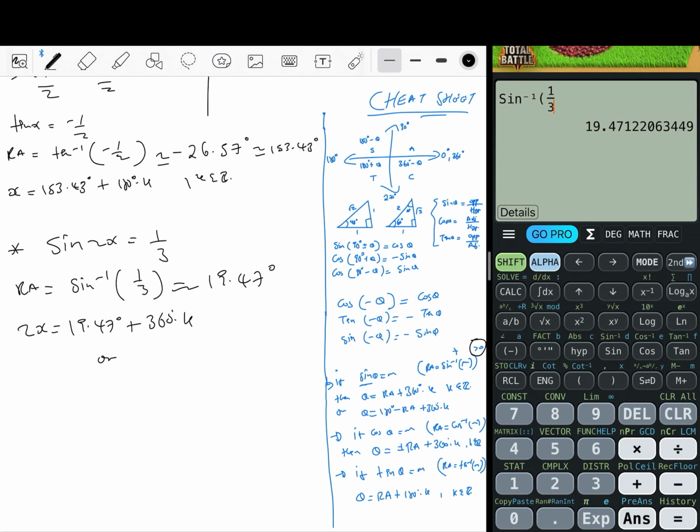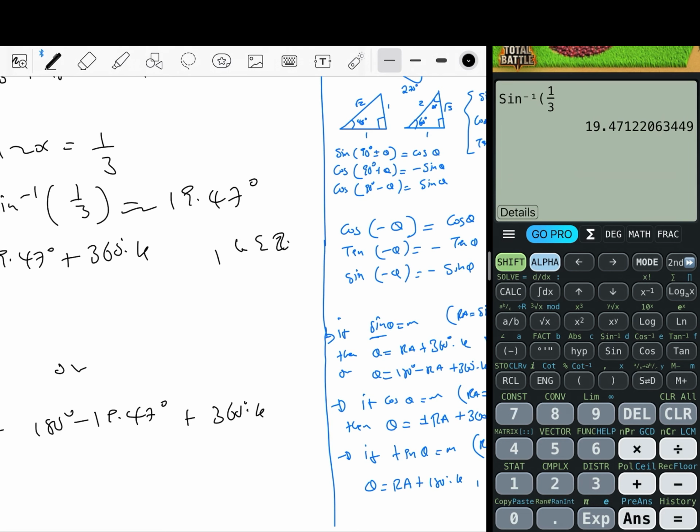Or 2x is equal to 180 degrees minus 19.47 degrees plus 360 degrees times k. And remember, k is an element of the integers. Don't forget that statement.